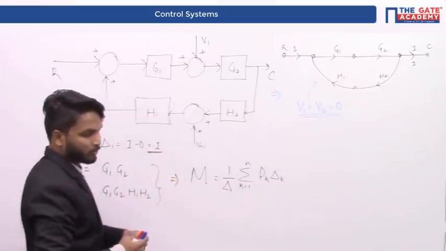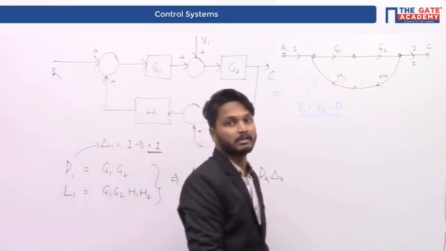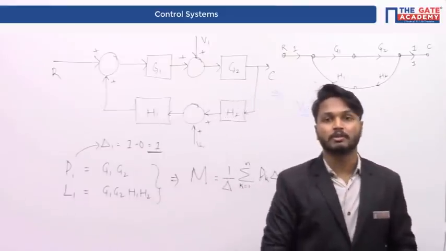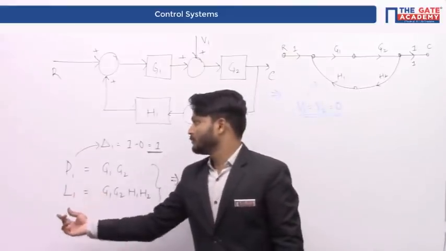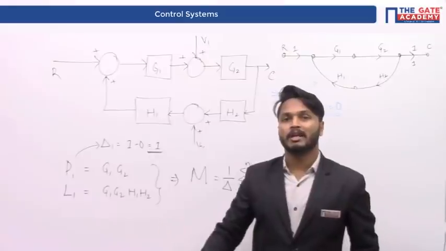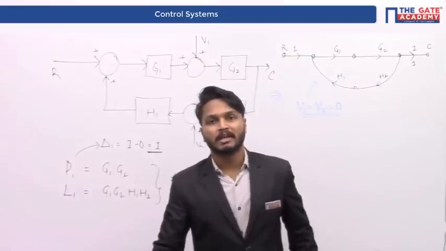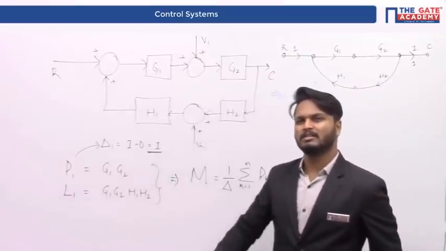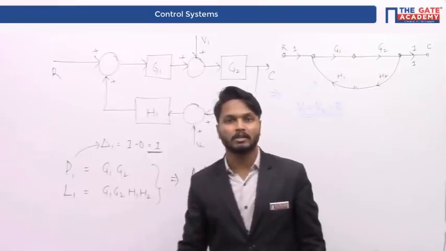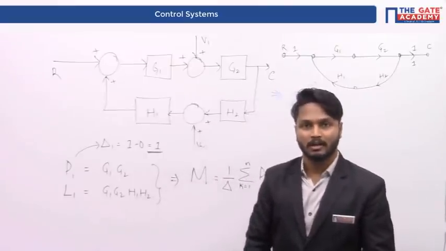Delta 1 is delta calculated by neglecting all the loops touching the first forward path. If you are calculating delta 2, you have to neglect all the loops touching the second forward path, and just calculate the same way as you calculate delta.